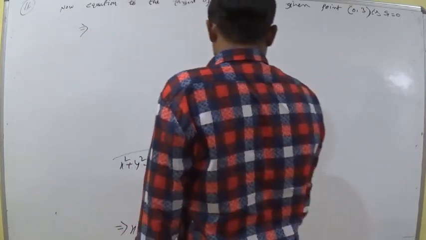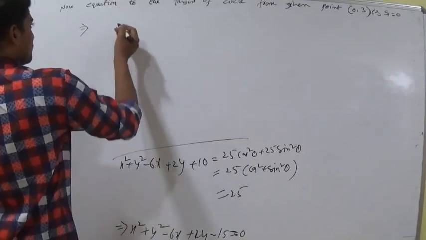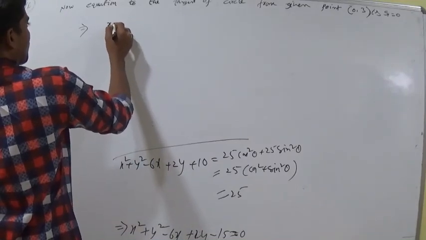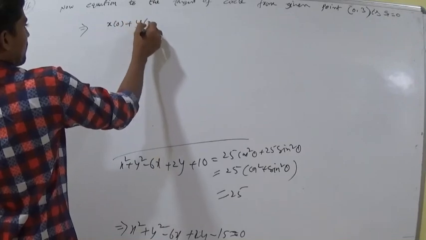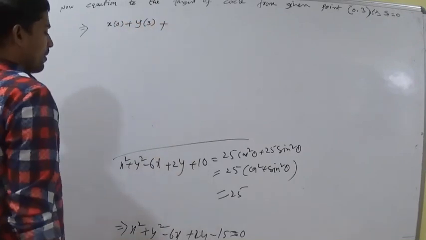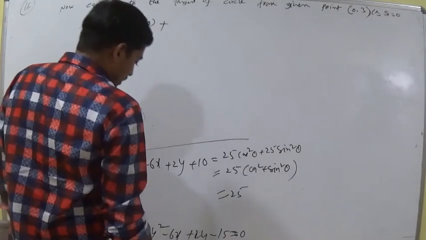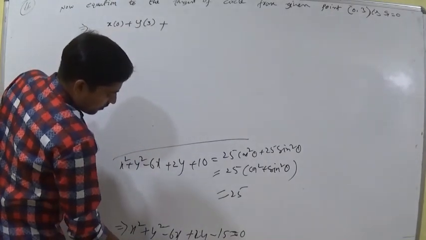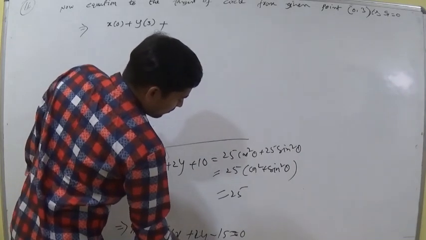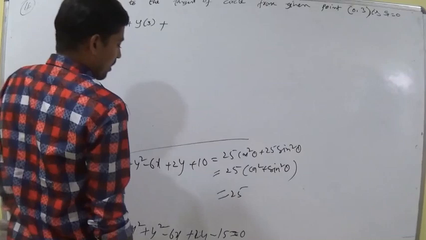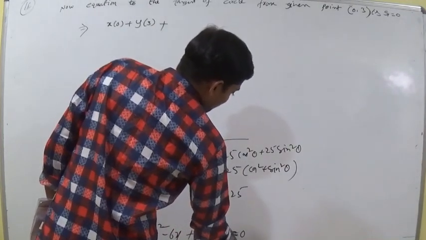S1 implies xx1 plus yy1 plus g into x plus x1 plus f into y plus y1 plus c. What is g? g is equal to -3 and f equal to 1, comma c is equal to -15.